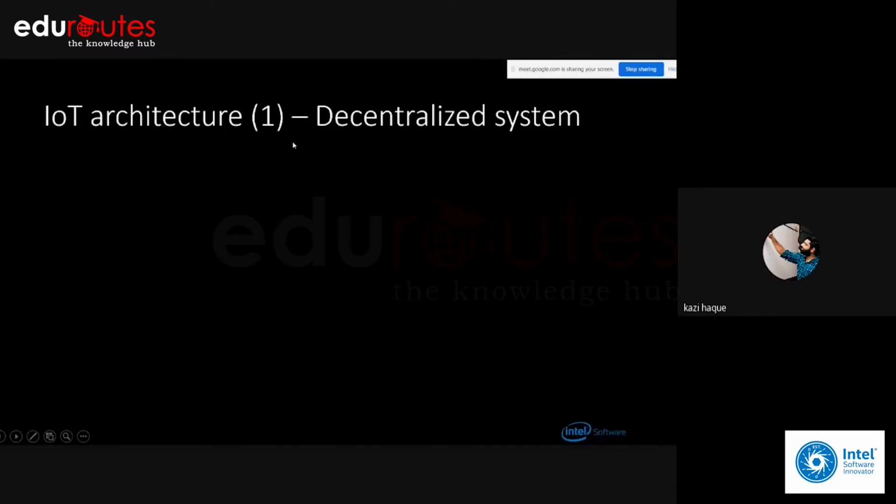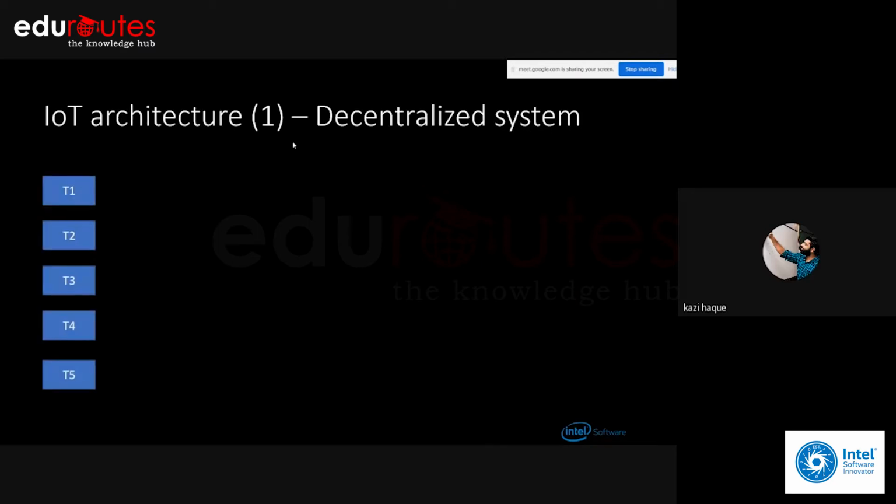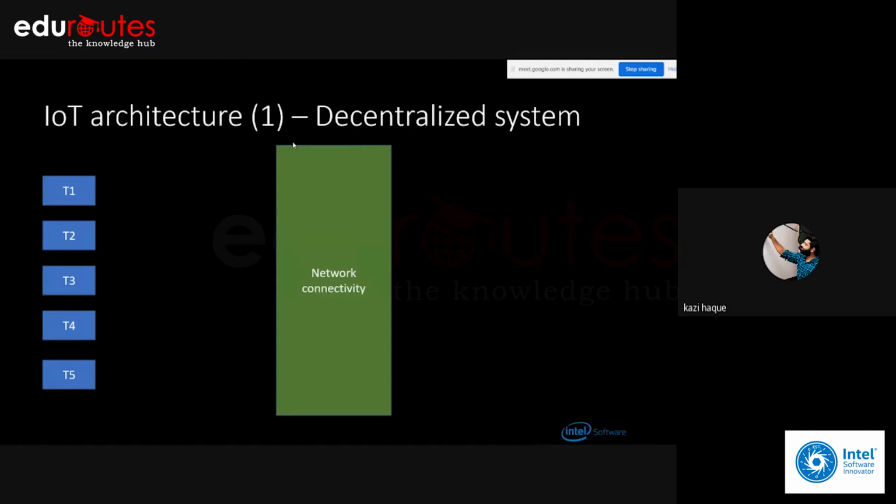One is a decentralized system. This is a very high level IoT architecture, which we generally follow in the industry. There are different things which are available, or we say terminals, or nodes, let's say T1, T2, T3, T4, T5. You obviously need network connectivity to connect all these devices over the internet.